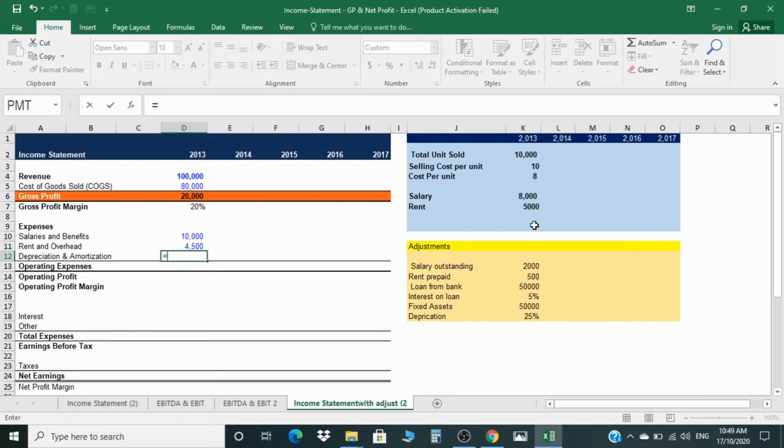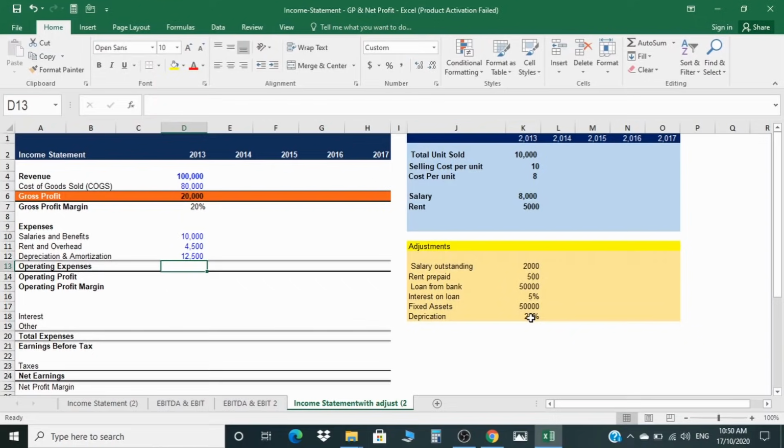Now depreciation and amortization. As I told you, depreciation is the wear and tear of an asset due to the passage of time. Here we have an asset of 50,000. Depreciation is 25%, which I already put here to calculate.